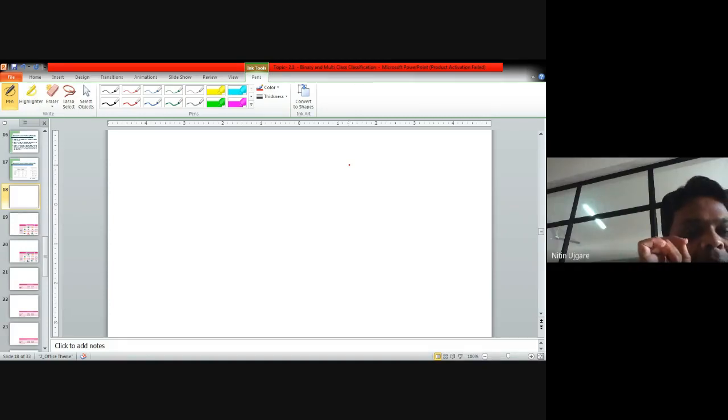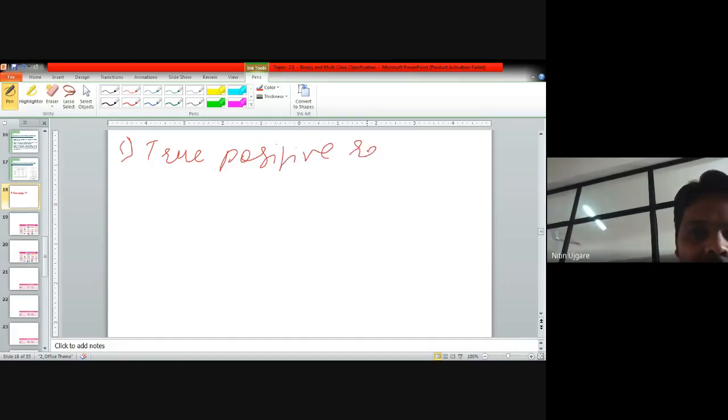This confusion matrix has different terminologies. The first terminology is true positive rate. In the true positive rate, we find the percentage of positive class instances which are correctly classified.